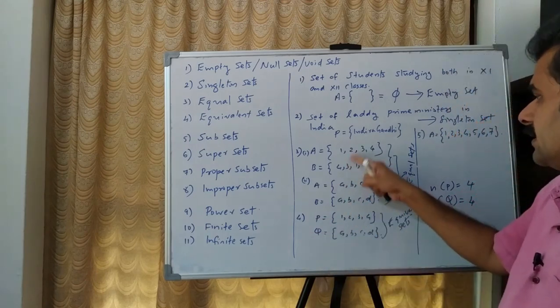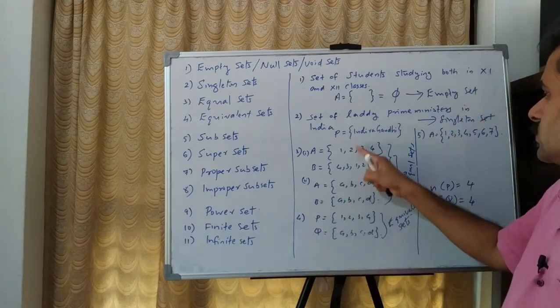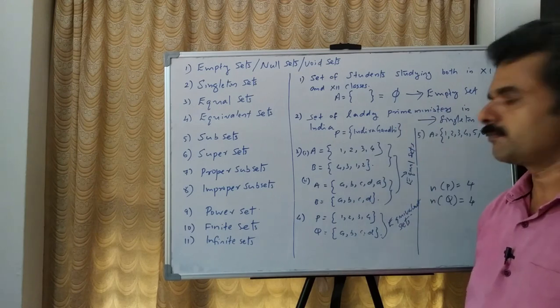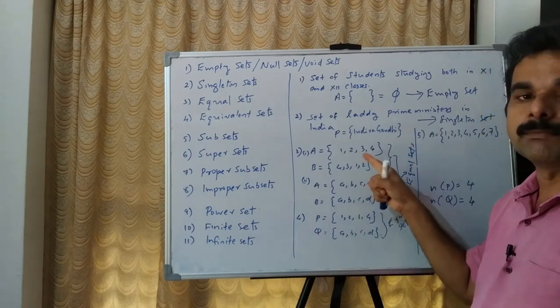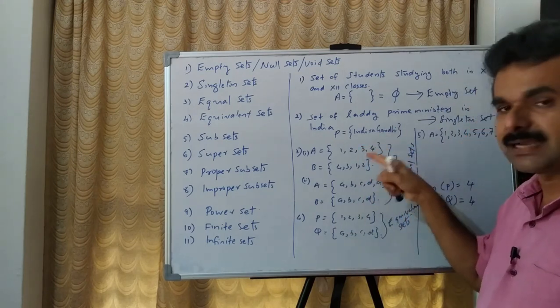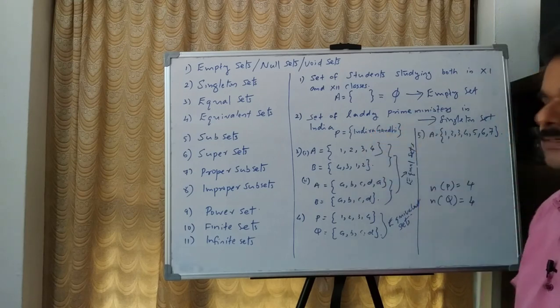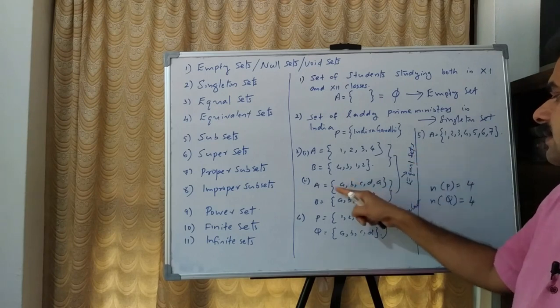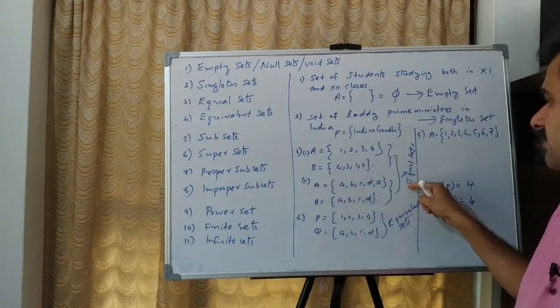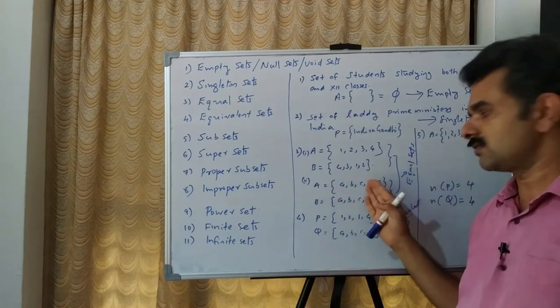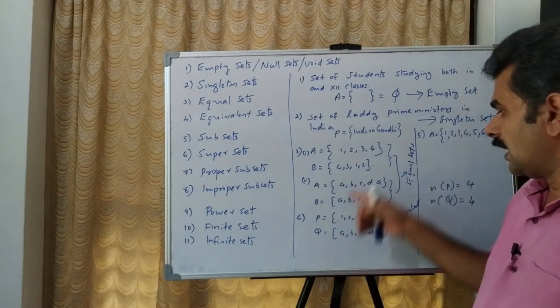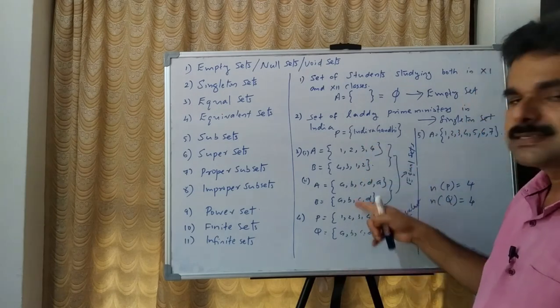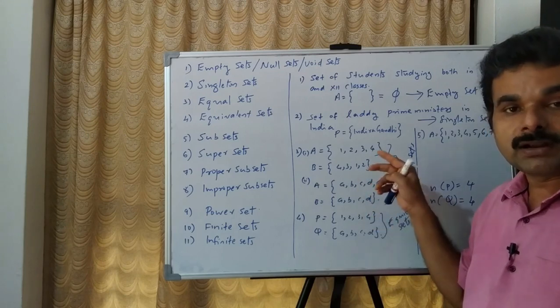Then we said that these two sets are equal sets because what? They have the same elements, identical elements. So A and B are called equal sets. Similarly, these A and B are also called equal sets by the condition of the elements. Are these examples for equivalent?